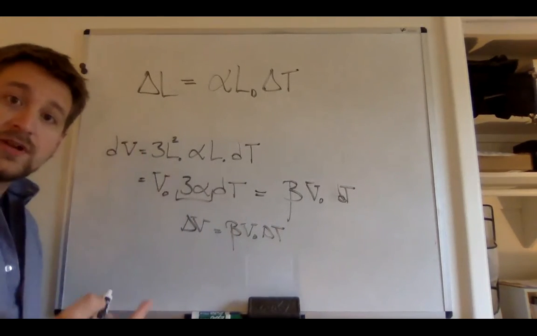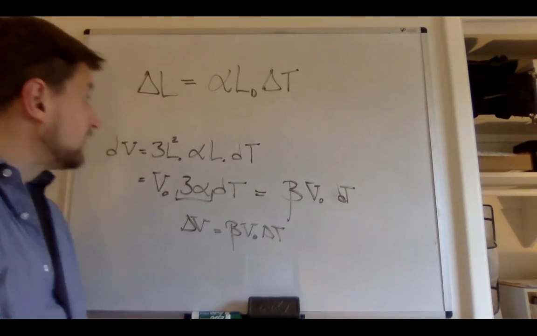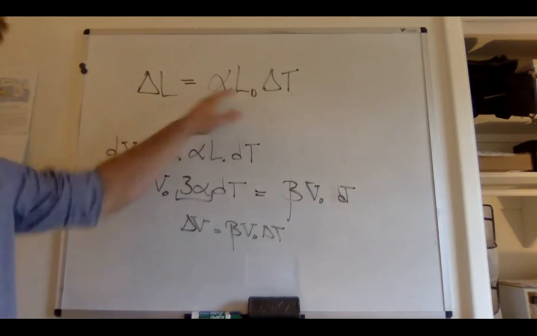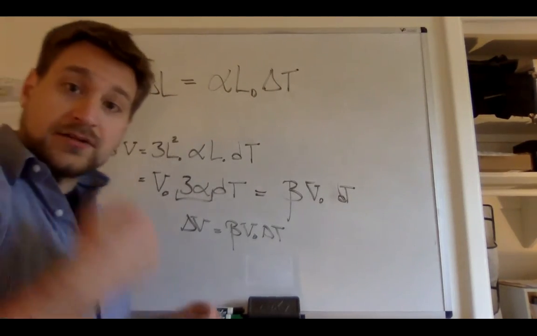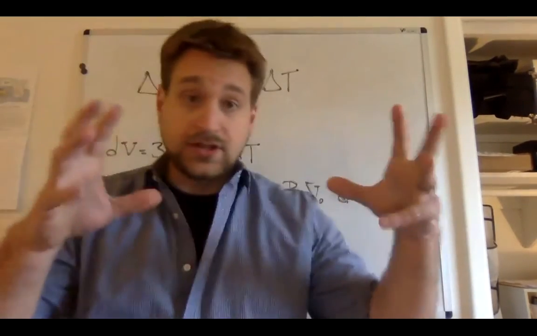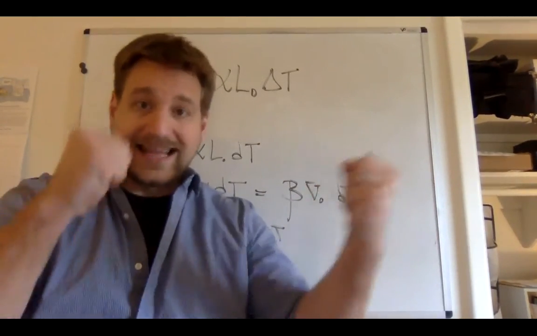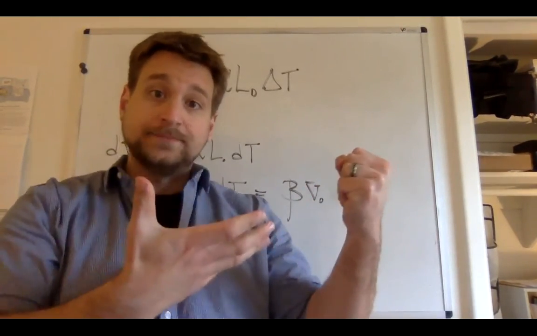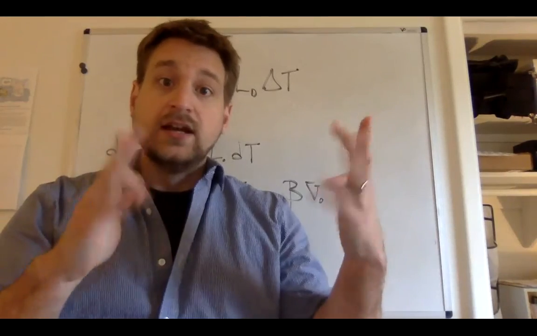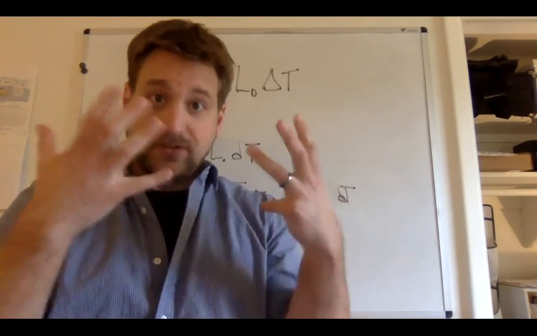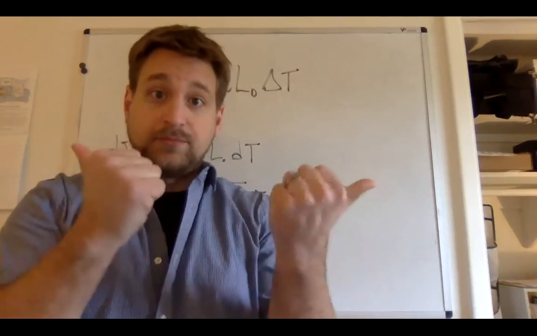I'll let you look through the rest of this section on your own. As fractional expansions, delta L over L0 makes me think about stress. If you took a rod of aluminum and clamped both ends and then heated it, it would try to expand, but it would be subjected to stress because there are forces trying to push it apart.